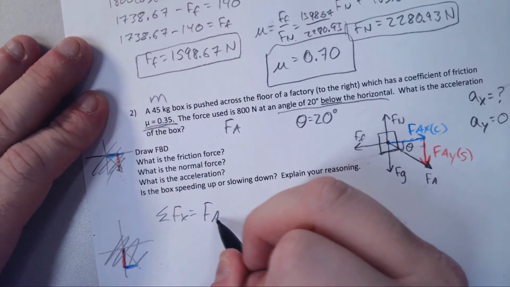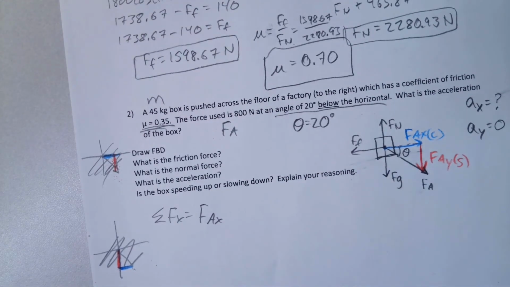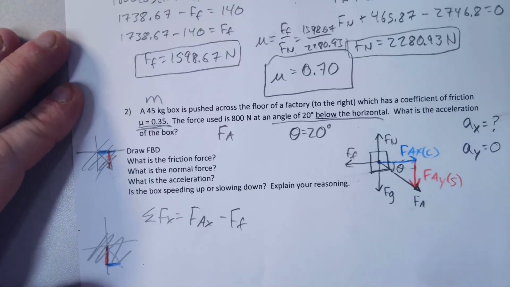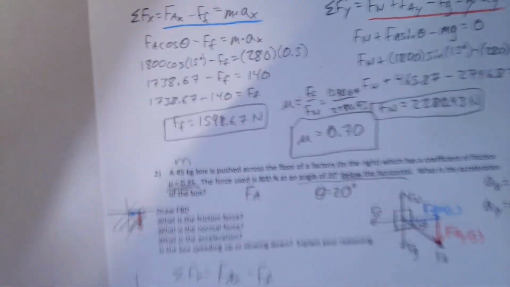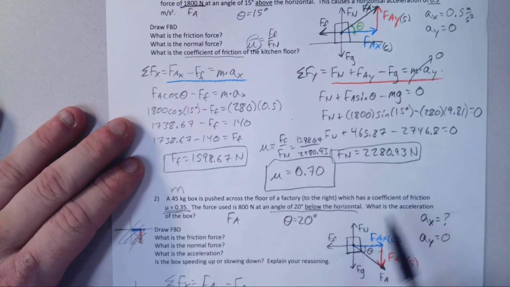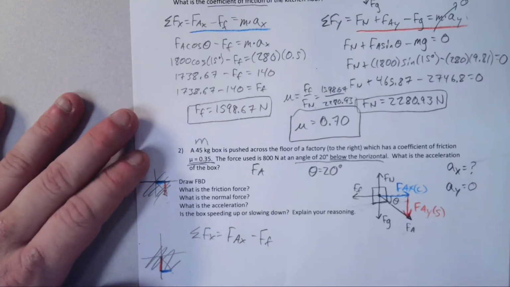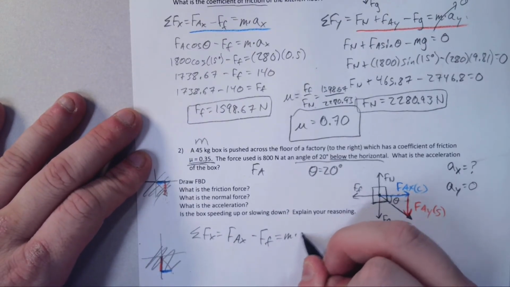So we talked about this before in another lecture. The forces in the x direction are going to be exactly the same. If we compare the picture from number 1, the right and left direction are the same. fa of x minus force of friction equals m a x.